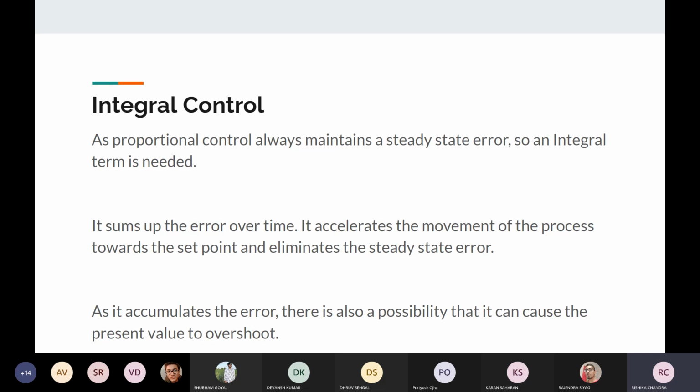So integral control sums up the error over time, and we assume that the sum of the total error is always 0. Sometimes it's going up, sometimes it's going down. So it keeps on adding the error until the process variable has reached the steady state.